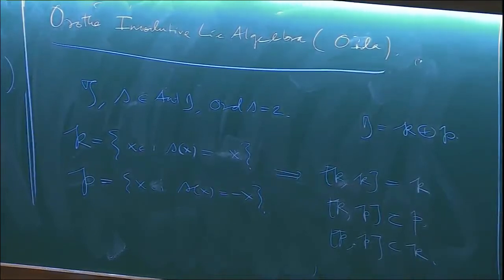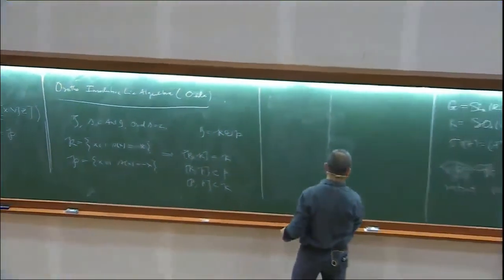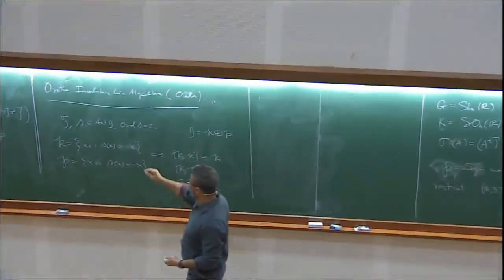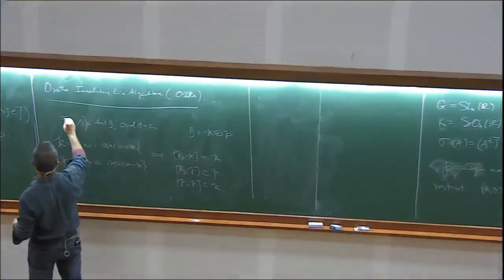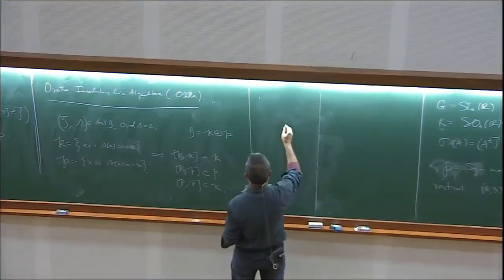So these are involutive Lie algebras. The moment I am given an involution, an automorphism of order 2, this pair is called an involutive Lie algebra. And what is an orthogonal involutive Lie algebra?